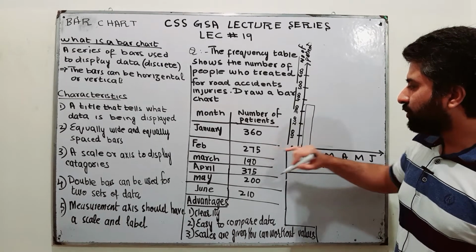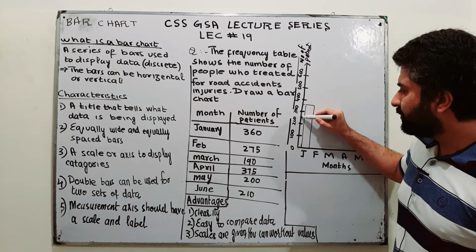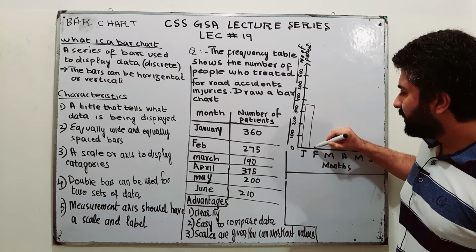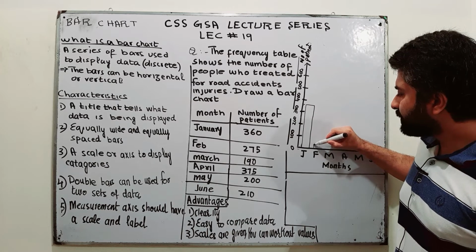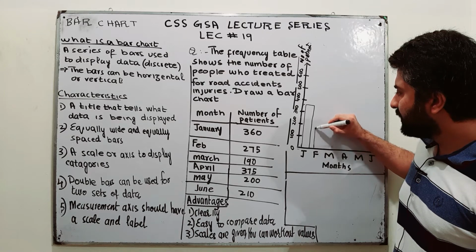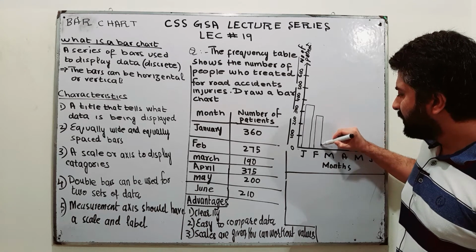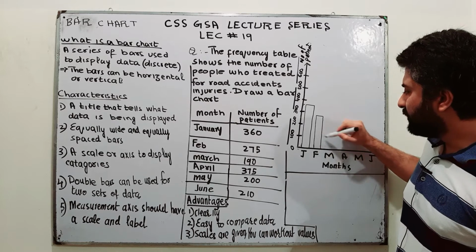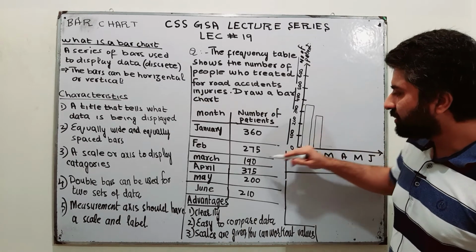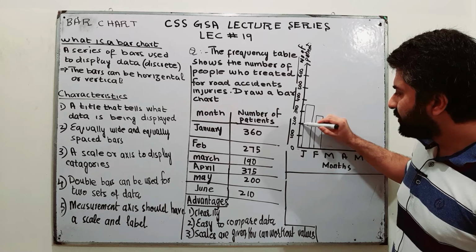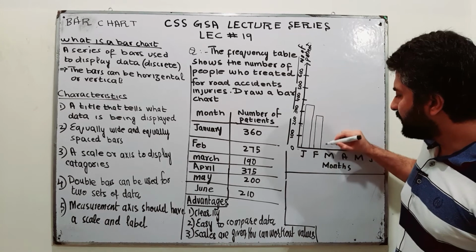What about February? 275. This is 250, this will be 275. So a bar of the same width as January, and the space will be equal between the bars. Next one is March. March has 190. This is 200, 190 will be right over here.